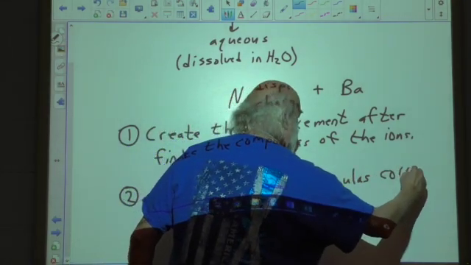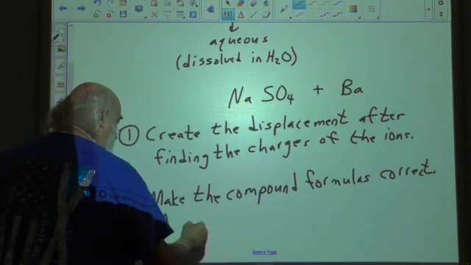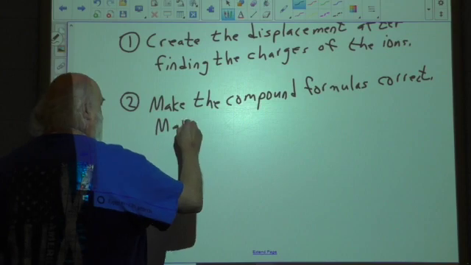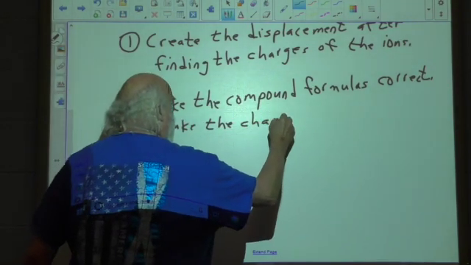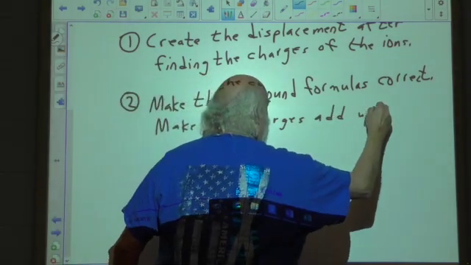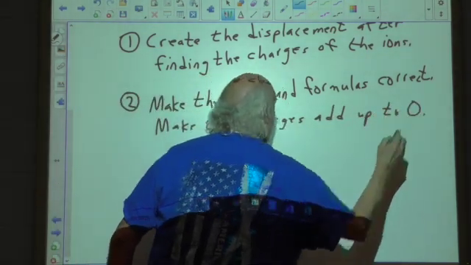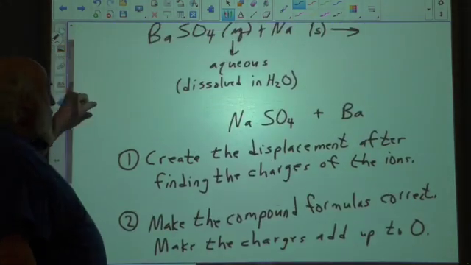How do we do that? Make the charges add up to 0. Okay? So the question is, do they add up to 0?